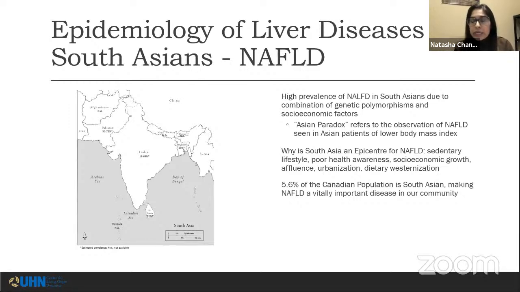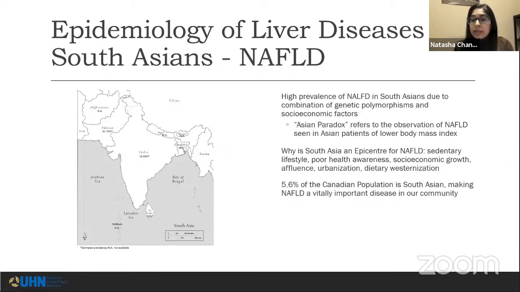Interestingly, fatty liver is seen in South Asians at a much lower body mass index than in Caucasian counterparts, which really underscores that there's more than just obesity that causes this disease. South Asia, unfortunately, appears to be an epicenter for NAFLD. This may be due to an increasing sedentary lifestyle in South Asia, especially with socioeconomic growth and affluence.